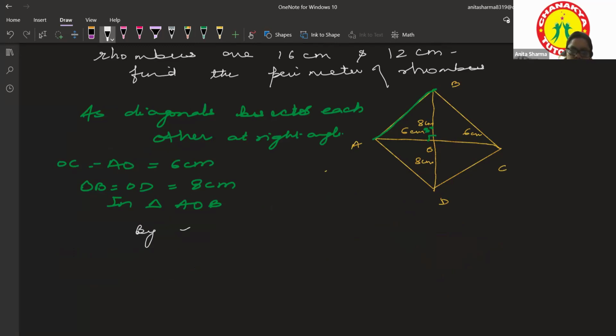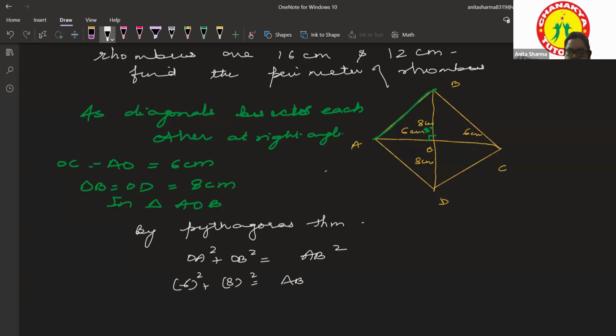So by Pythagoras theorem, AO square plus OB square will be equal to AB square. So 6 square plus 8 square is equal to AB square. So 36 plus 64 is equal to AB square.